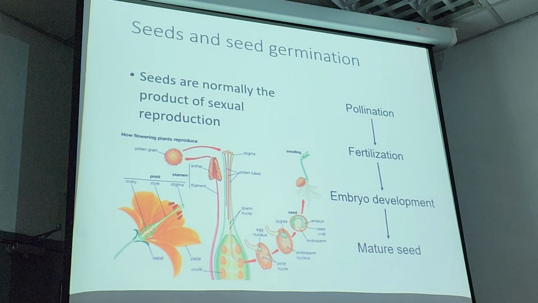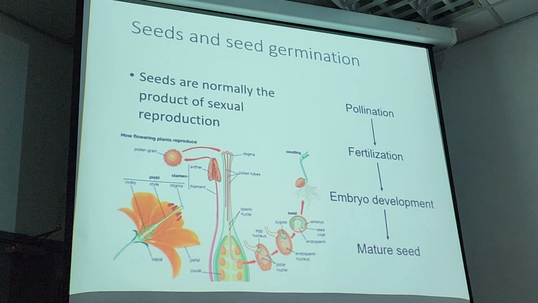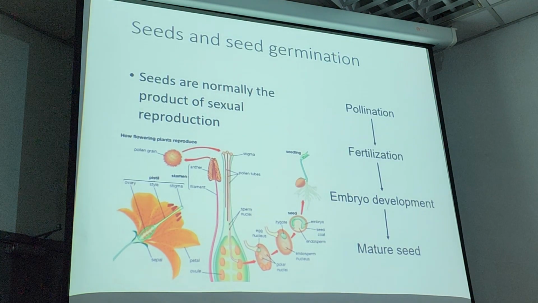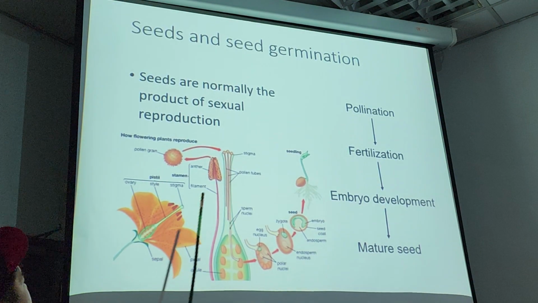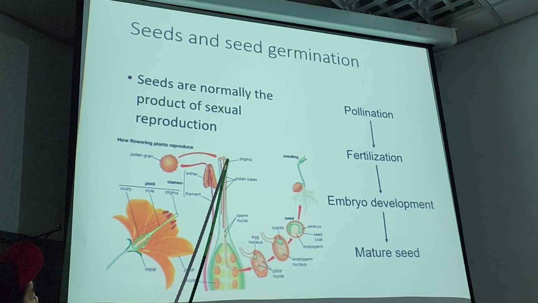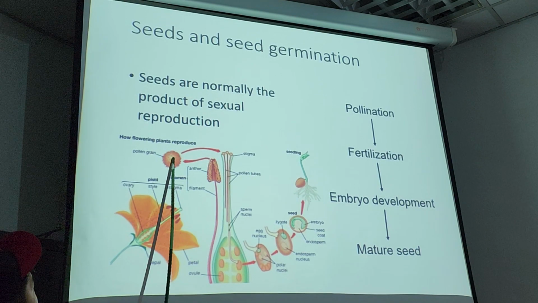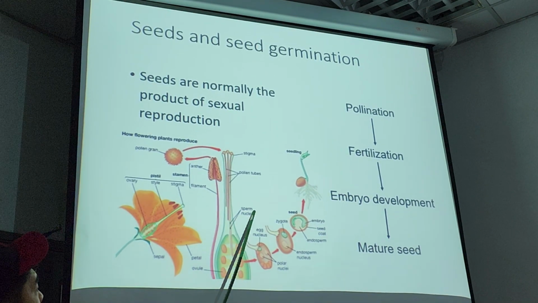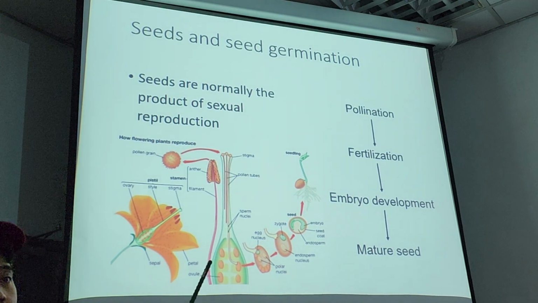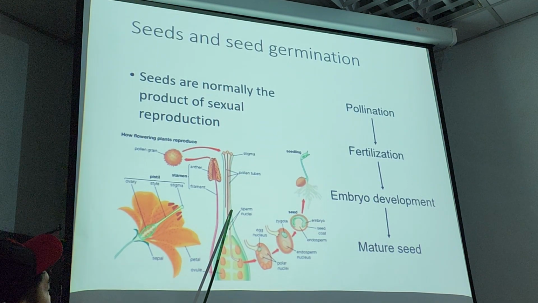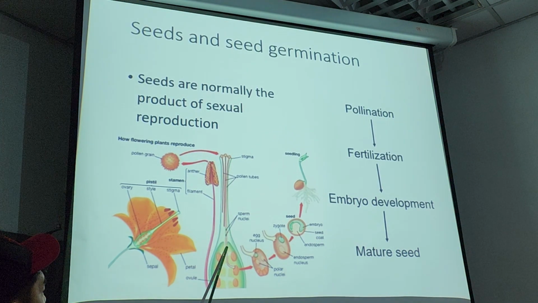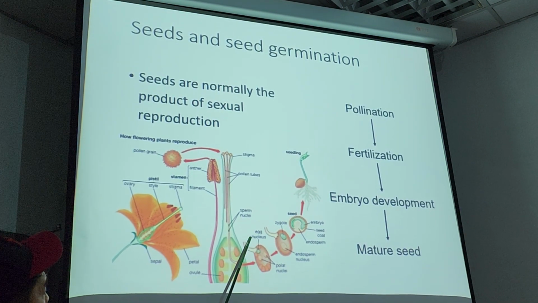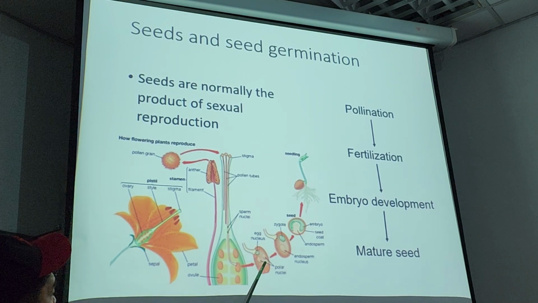Stigma belongs to the gynecium, which is the female part of the flower, and then the pollen tube is going to germinate out of this pollen grain, and this pollen tube actually contains sperm nuclei. Okay, and then the nuclei are going to travel all the way into the ovary in search of the egg nucleus.